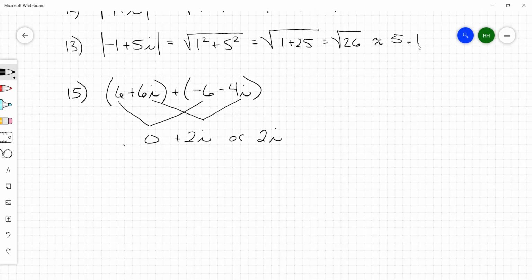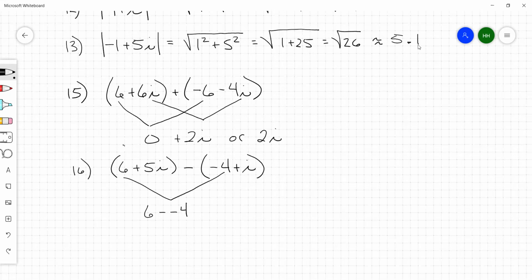Doing the same thing on 16. 6 plus 5i. Okay, this is subtraction. Negative 4 plus i. So look, these two right here. This is 6 minus negative 4. 6 minus negative 4.